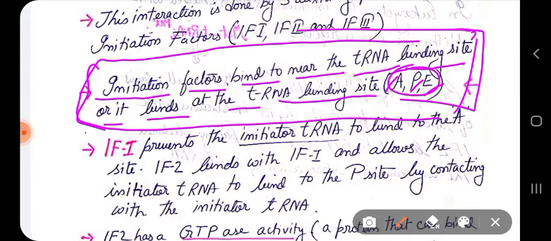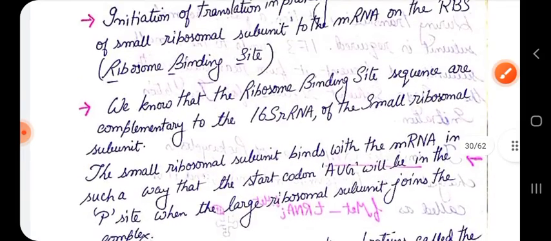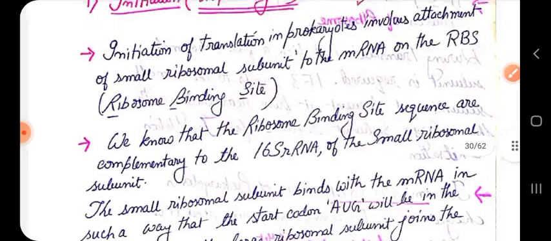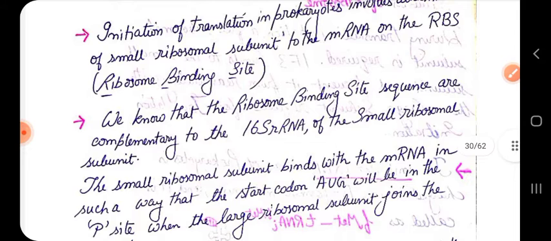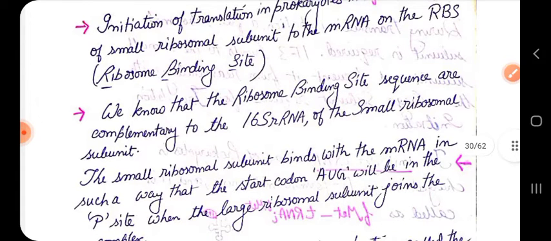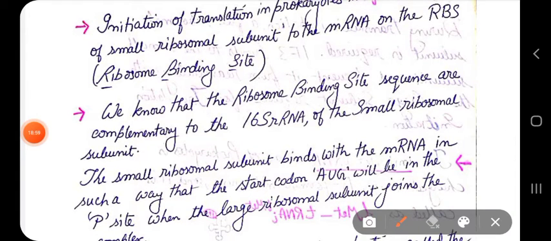So I hope you have understood what I have said. The first thing that occurs in prokaryotic translation initiation is the attachment of the small ribosomal subunit to the mRNA, and it is done by the interaction between the 16S rRNA and the ribosome binding site.